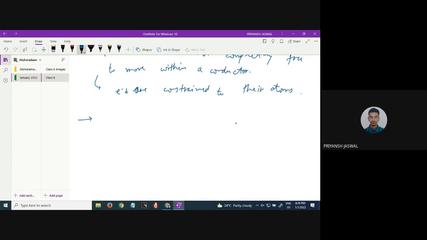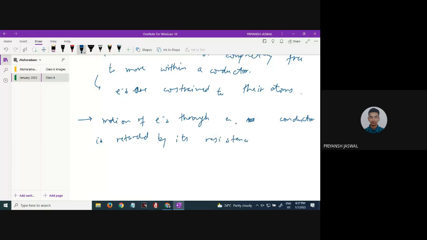This retardation or constraint in the motion of electrons is basically the resistance itself. That is the resistance being provided to the electrons to move. Resistance means something that opposes something. The motion of electrons through a conductor is retarded by its resistance.